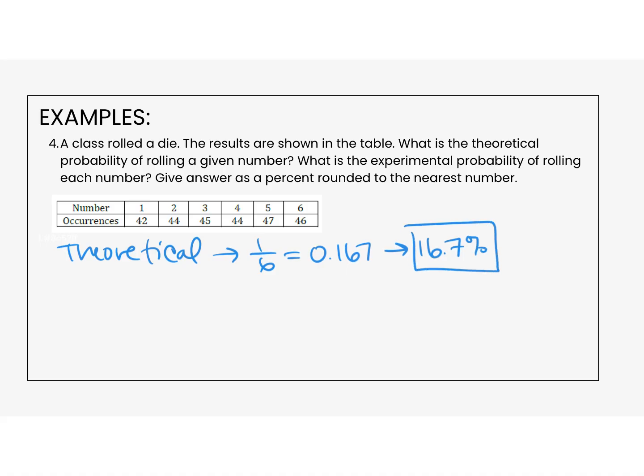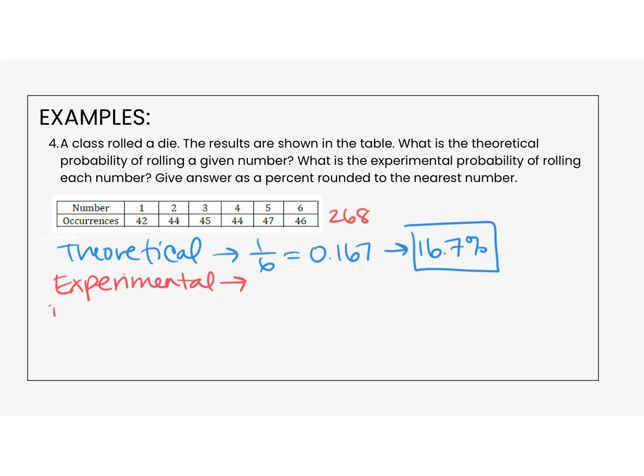All right, now when we look at experimental, we're going to look at what actually happened. So first, let's add the occurrences at the bottom here. So 42 plus 44 plus 45 plus 44 plus 47 plus 46, that's 268. So each of these are going to be out of 268.